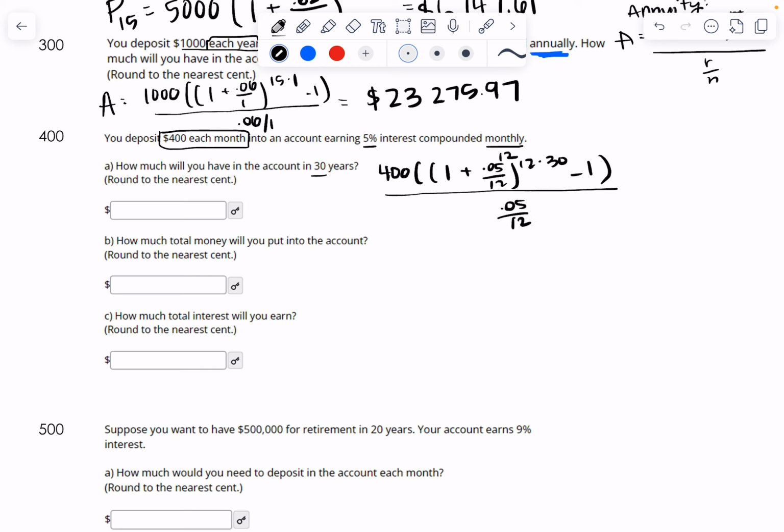And I'm going to erase this 12 right here so that it's not confusing. Okay, and then you just type that in. So I'm going to type that in.